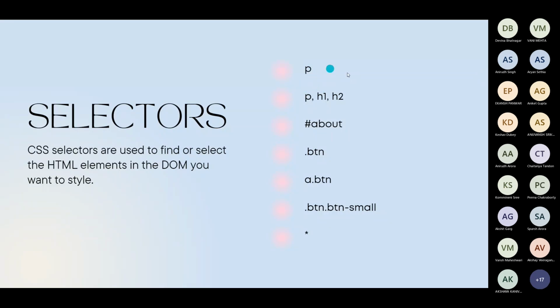The first one is just the basic selector that we saw in the previous slide. The second one is a group selector. That means here we have different tag names separated by commas. So you have p and then h1 followed by h2, separated by commas.